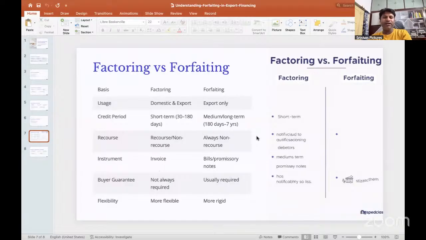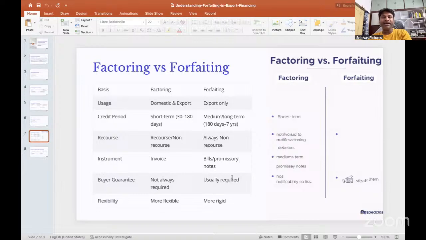Instrument: in factoring, invoices are involved, but in forfeiting we use bills, promissory notes, and buyer guarantee. In factoring, a guarantee is not always required. Generally it is required, but sometimes they give an exemption also. Whereas in forfeiting, the buyer guarantee is compulsory, it is mandatory.